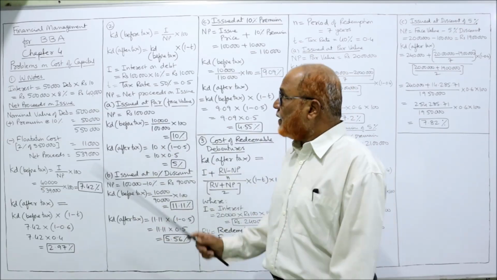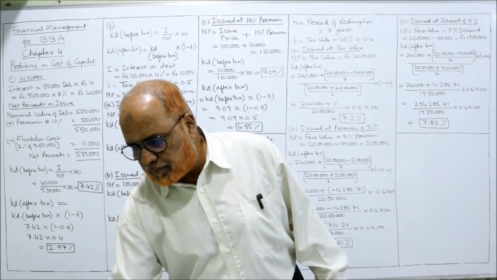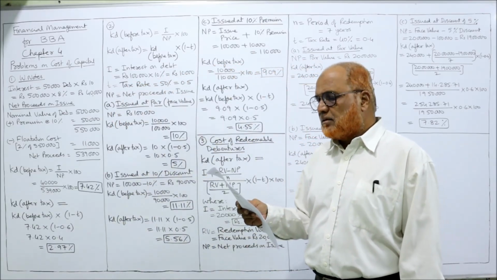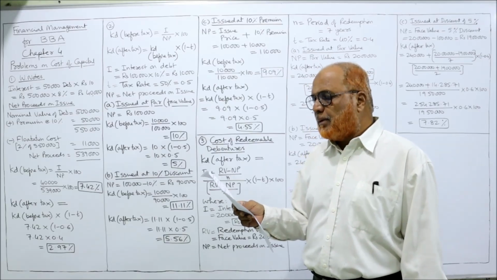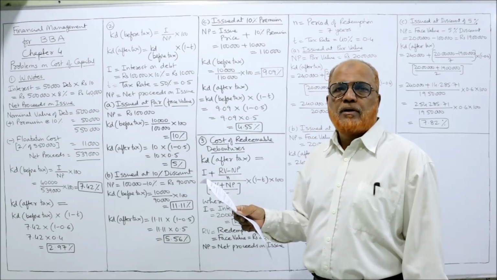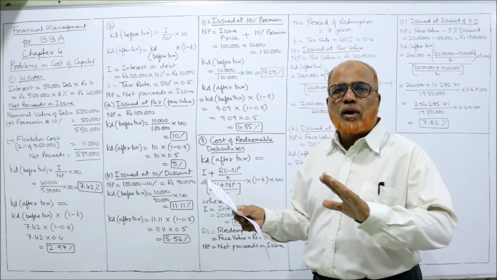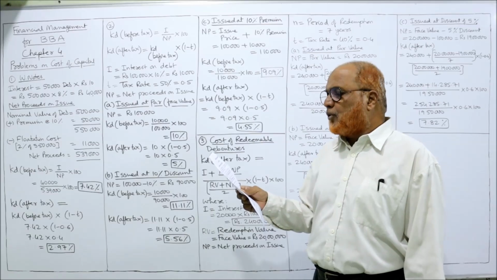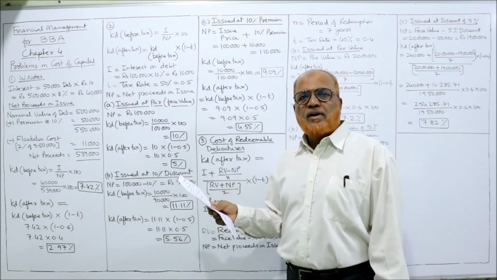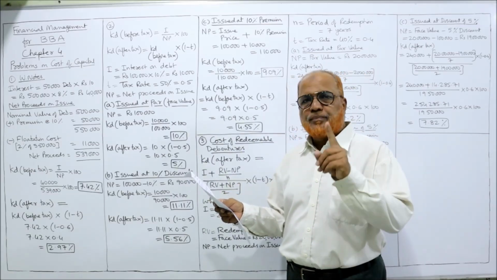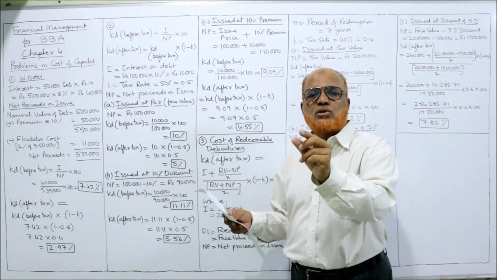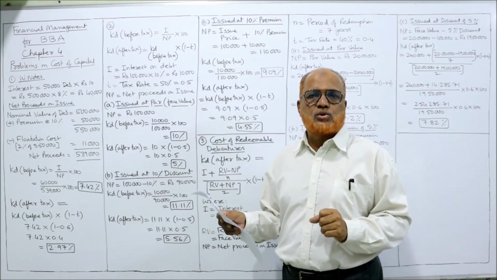Simple. Now, second problem. A Limited has 10% irredeemable perpetual debt. That means continuous debt. No redemption period is given, just like the previous problem. Of rupees 1 lakh. The face value of all debt is 1 lakh. Rate of interest is 10%. The 10% of 1 lakh is 10,000.